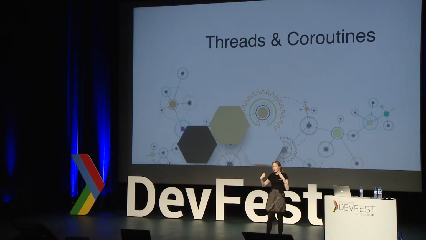Now I want to talk about what a coroutine is. Coroutines somehow allow us to have this async await. I want to compare two concepts, the concept of a thread and the concept of a coroutine, and see what the similarities and differences are.